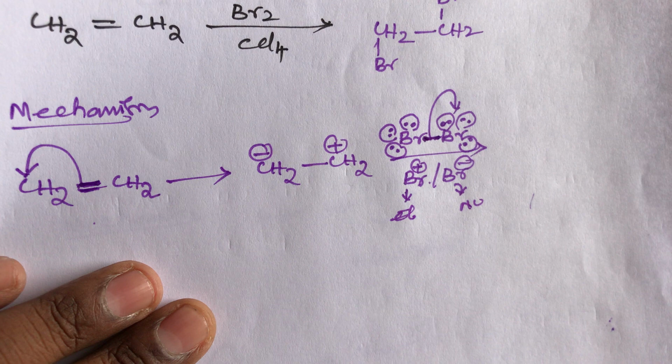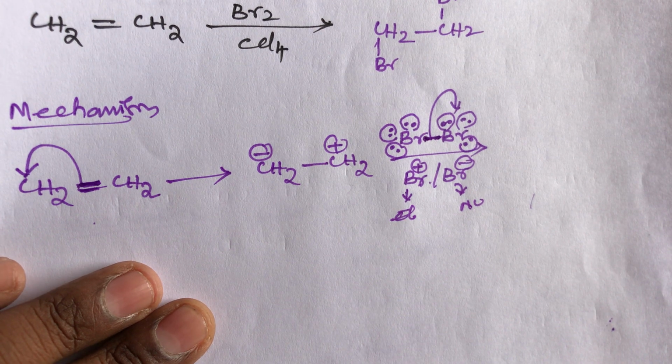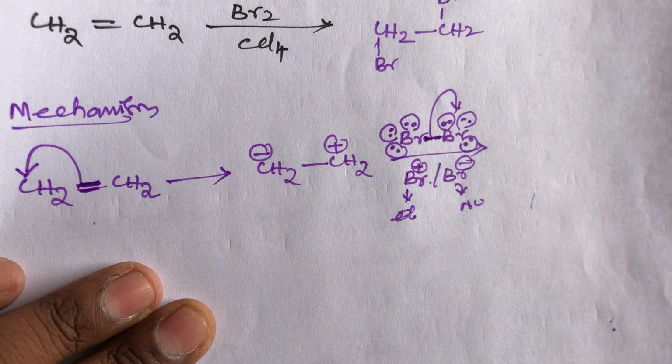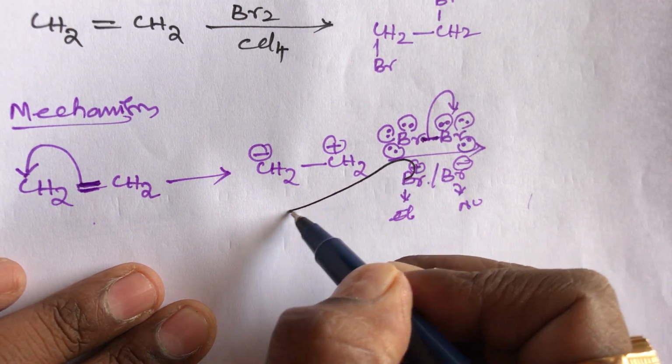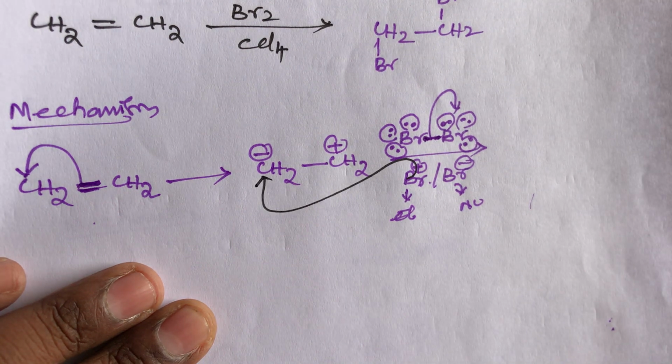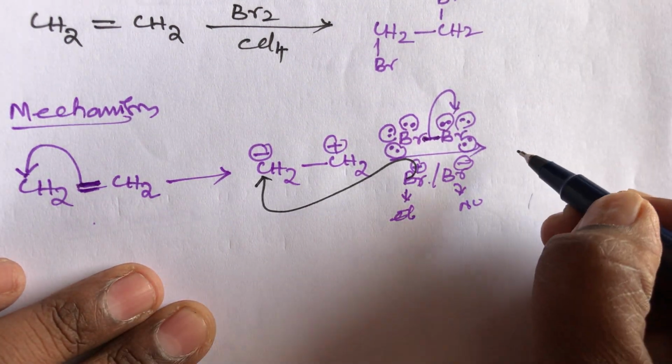In the first step, it is an electrophilic addition reaction. In an electrophilic addition reaction, the first attacker is the electrophile, that is Br plus. This Br plus always attacks the negative charge side.